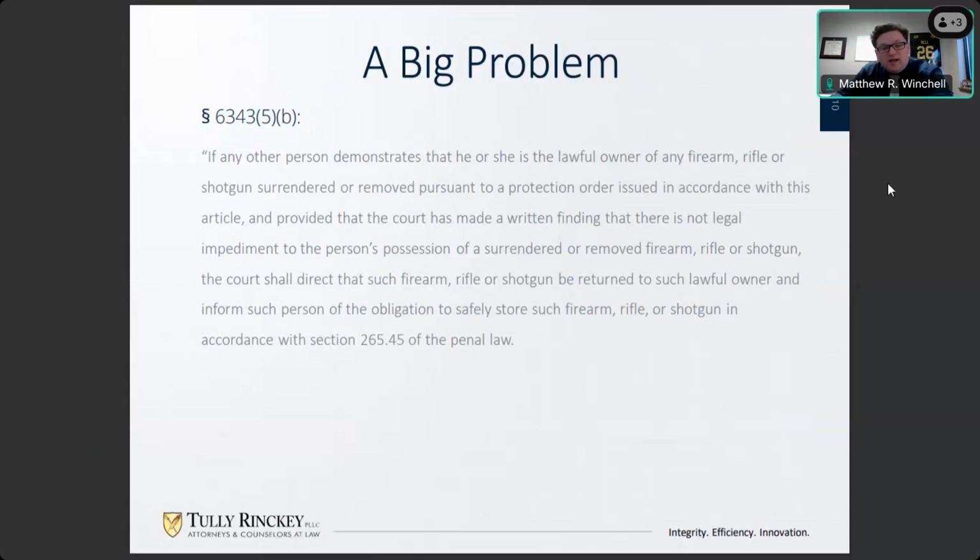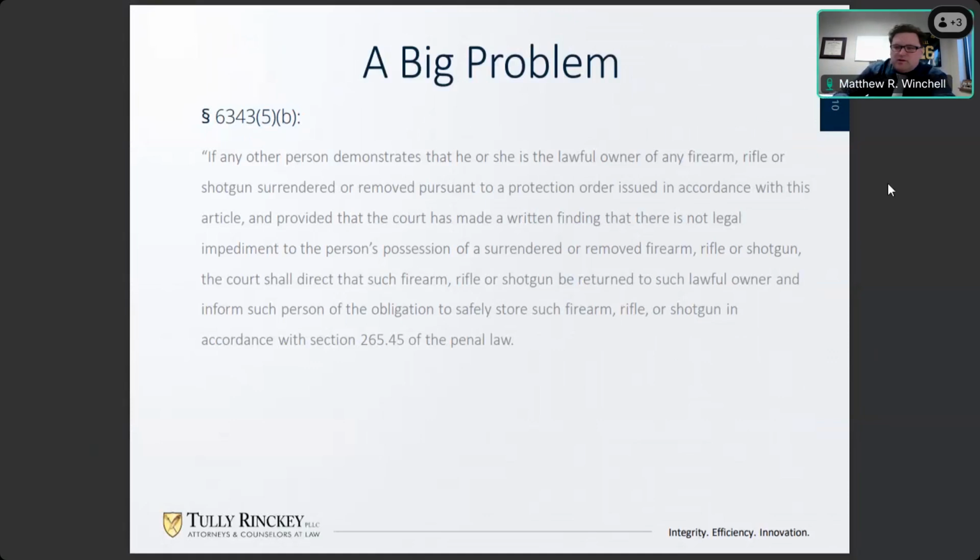So my client was not under any type of an extreme risk protection order, temporary, final, nothing. There was no legal impediment for my client not being able to possess or use firearms. But because his grandson had one, they took my client's guns.